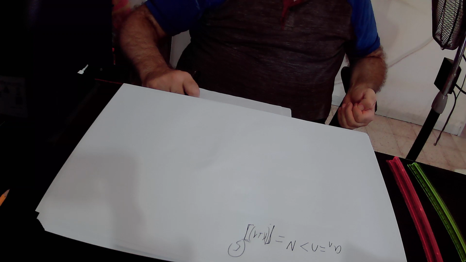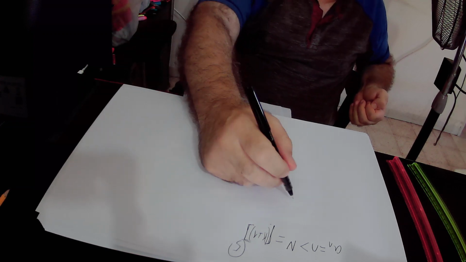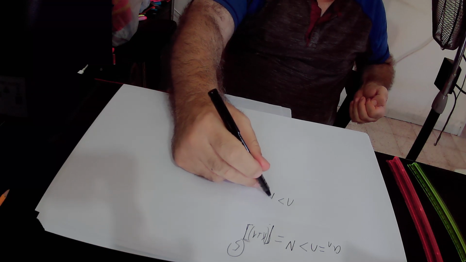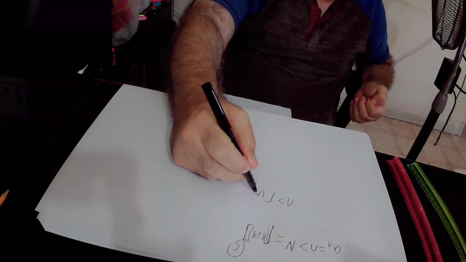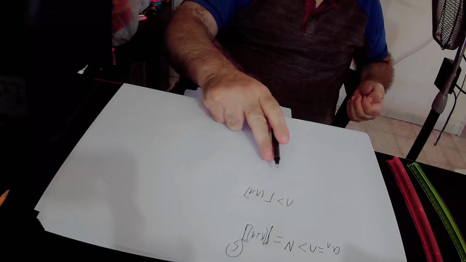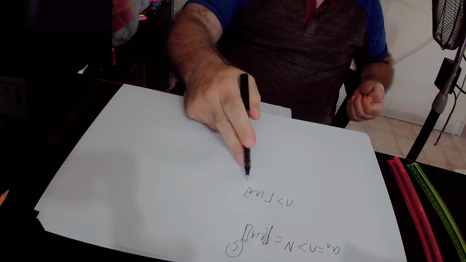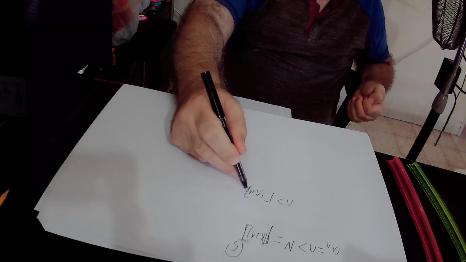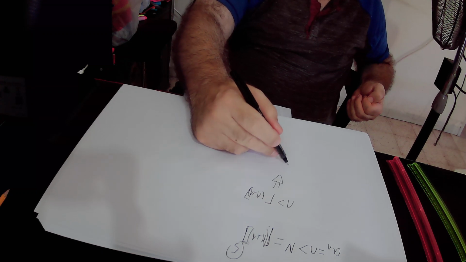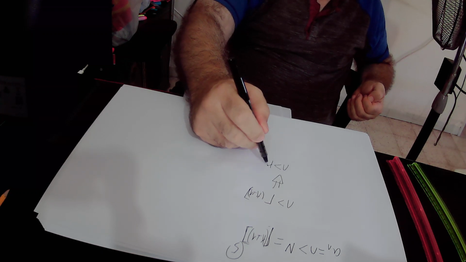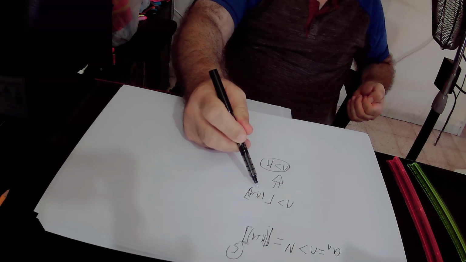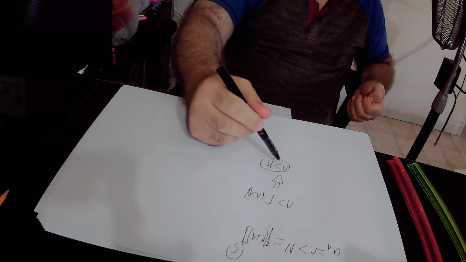So here we have the inequality that n is greater than k plus 1 rounded up. So if n is greater than k plus 1 rounded up, let alone that n will be greater than k.